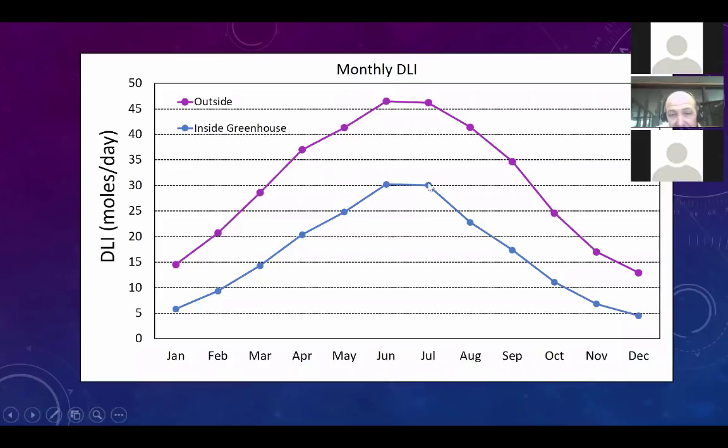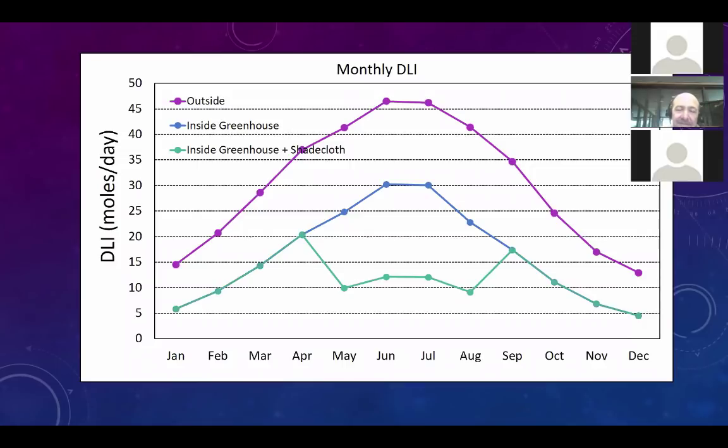And so what you see, even though we can get 50 moles per day outside, we may only be at 30 inside in the summer, and in the winter we're down to 4 and 5 and under 10. And of course, those numbers, if you aren't familiar with them, may not be meaningful. And so we'll go over some guidelines as to what levels are really important for plant growth, and we'll talk about that in a second.